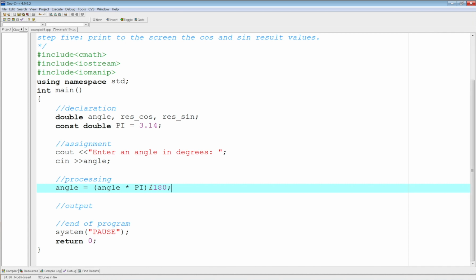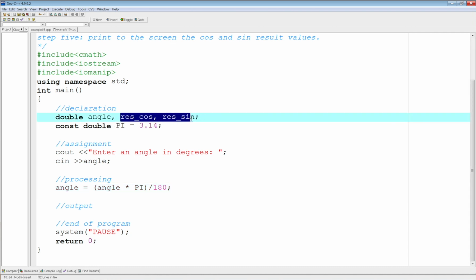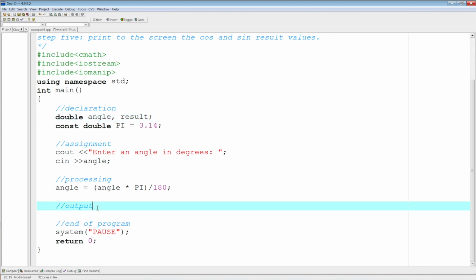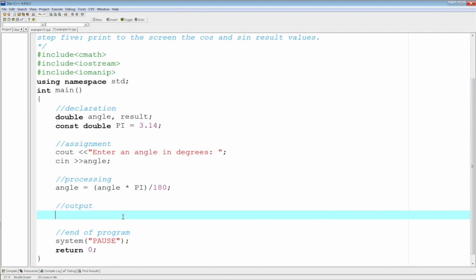Okay? Now, how about my results? Well, I could simply result. Right? So notice here, I'm trying to be as efficient as possible. So if you're going to do something like this, you could probably process the math during the output. Okay? And so you could do something like this.